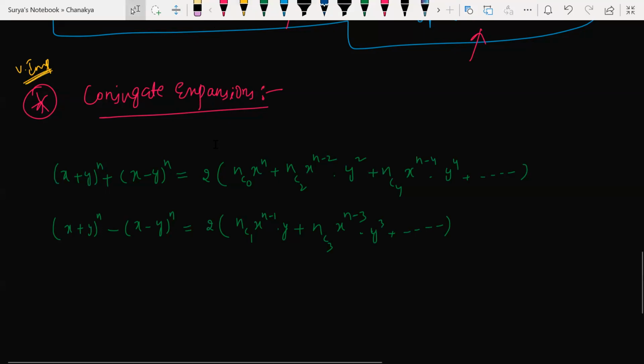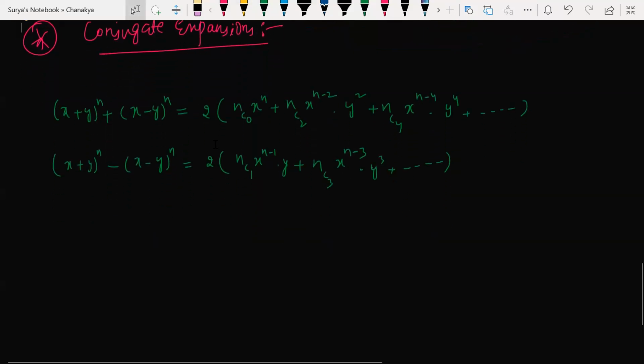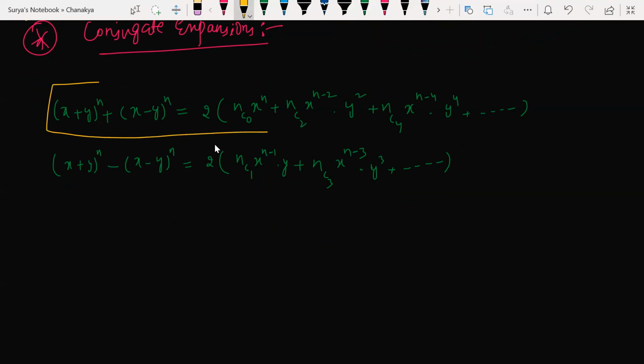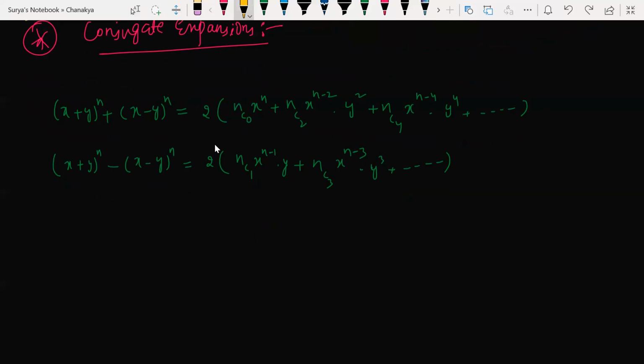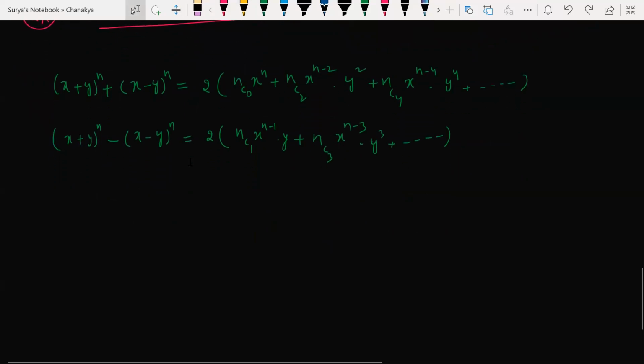The conjugate expansion (x plus y) to the power of n plus (x minus y) to the power of n can be written like this: it is equal to 2 into nC0 x to the power of n plus nC2 into x to the power of n minus 2 into y square plus nC4 x to the power of n minus 4 into y to the power of 4.